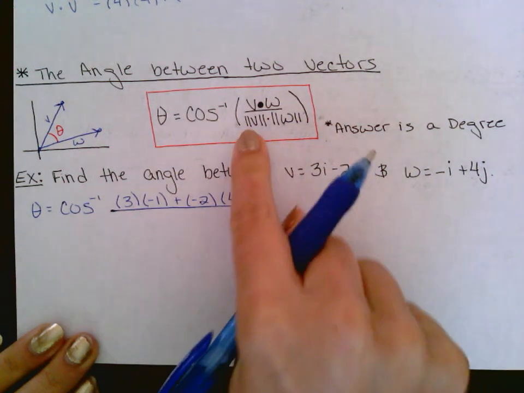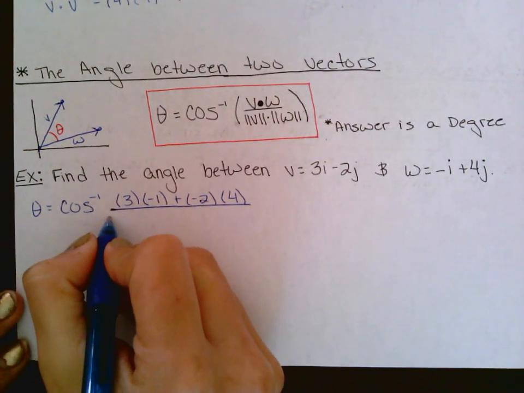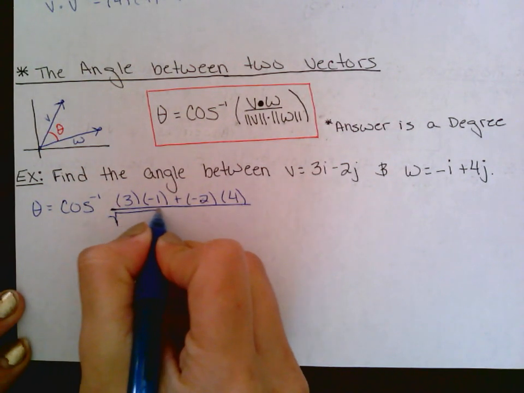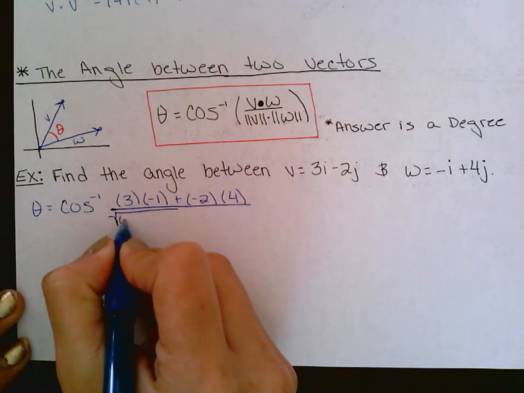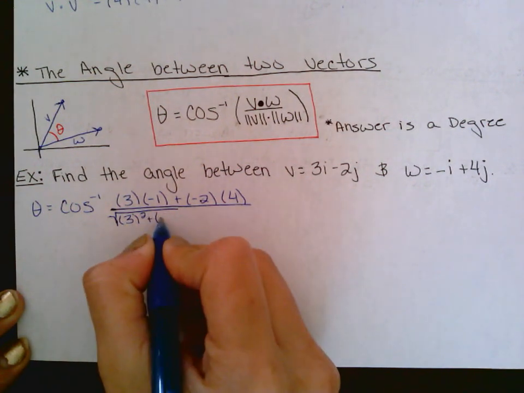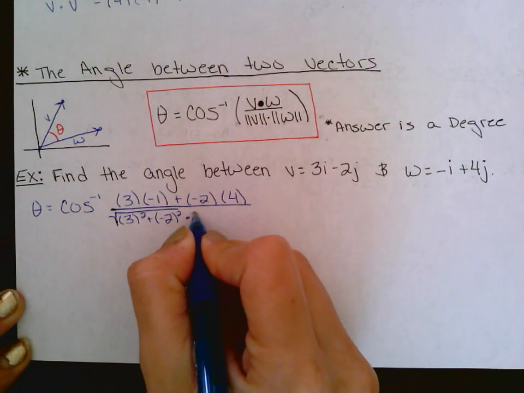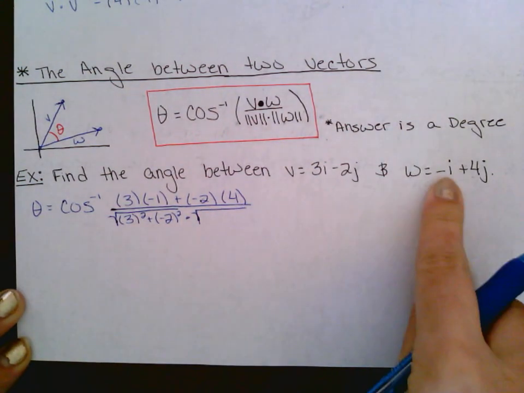over, now I'm going to take a moment and do the magnitude of v. So the magnitude, remember, is square root of a squared plus b squared times the magnitude of w.